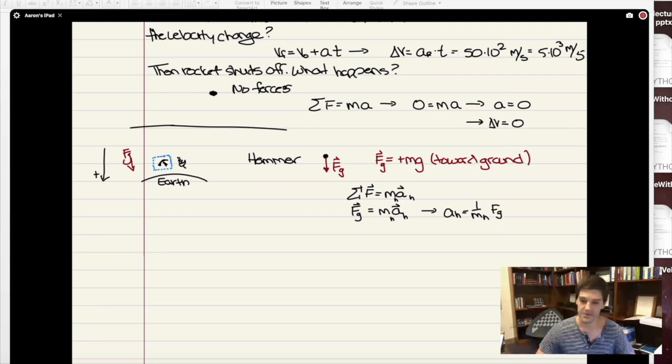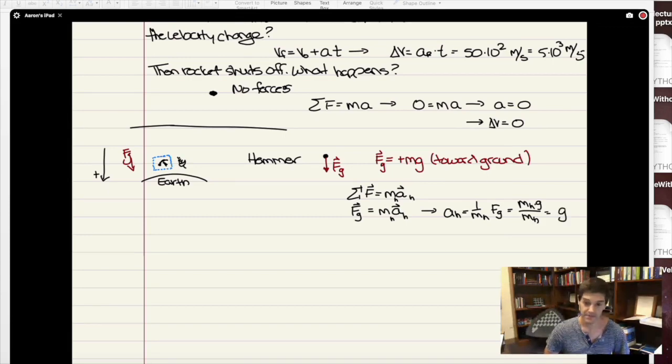I'll drop the arrows since this is 1D. Don't really worry about vectors. Then you can find that the acceleration that the hammer experiences is the mass of the hammer times little g divided by the mass of the hammer, or just simply g.